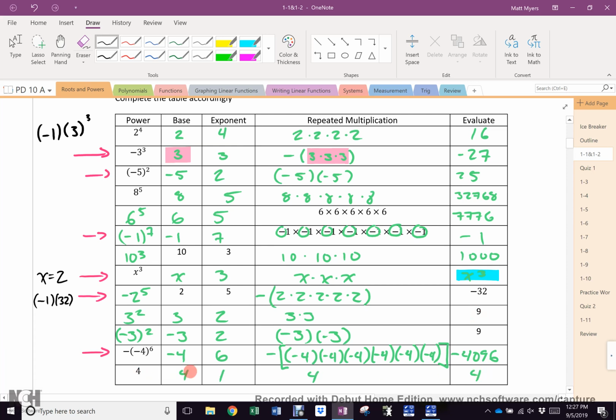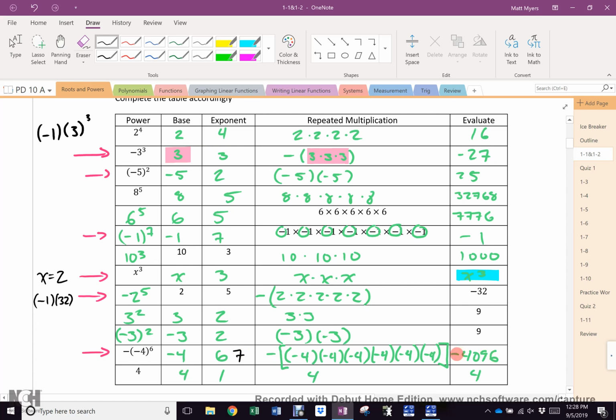I could have had 9 to the 1. And then this tricky one here. Even number of negatives, so the answer should be positive, right? But I got a negative out in front, so the whole thing's negative. Everyone good? Now what if I made this 7? Then I'd have another -4, which would make this like 16,000 and something, right?